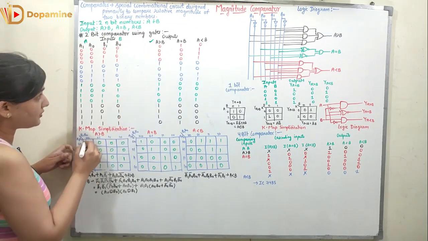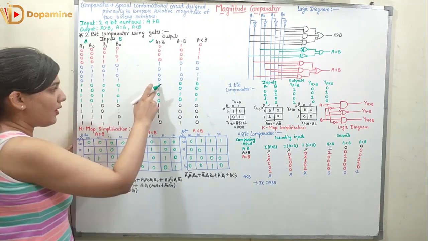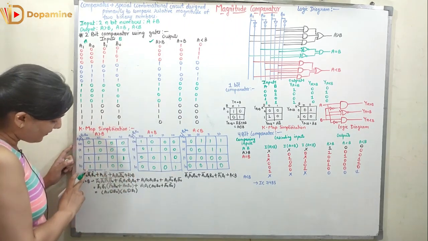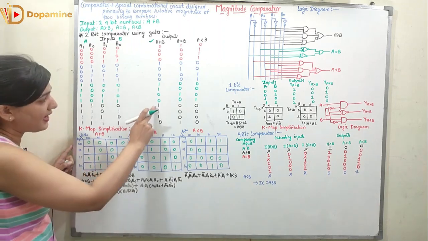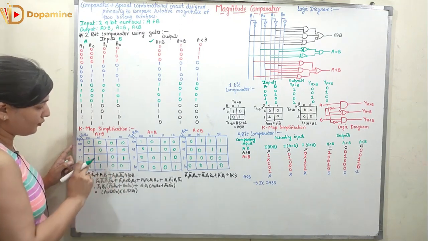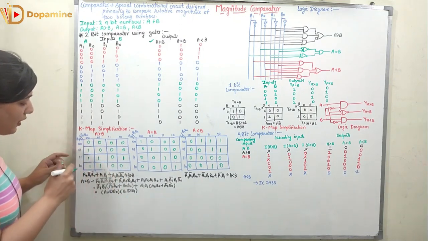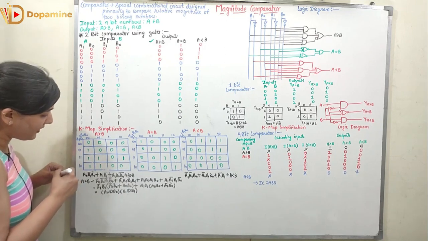So here you are going to put 0000, then 1100, then 1100. Now we have the last case to be 1110.